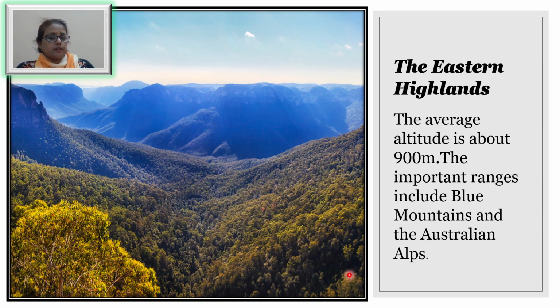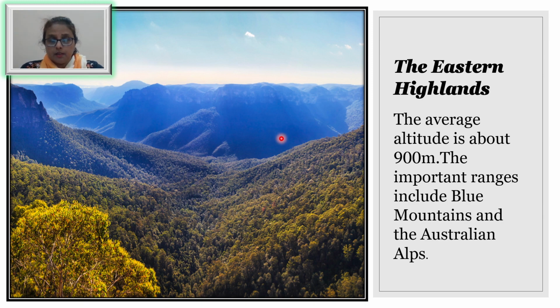A very interesting feature of the Blue Mountains is that eucalyptus droplets emitted from the forests combine with dust particles and water vapor, and this scatters the rays of light, giving the mountains a predominantly blue color.